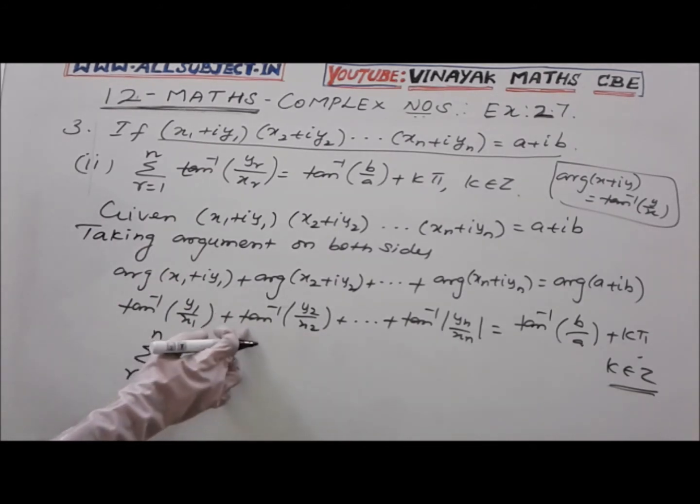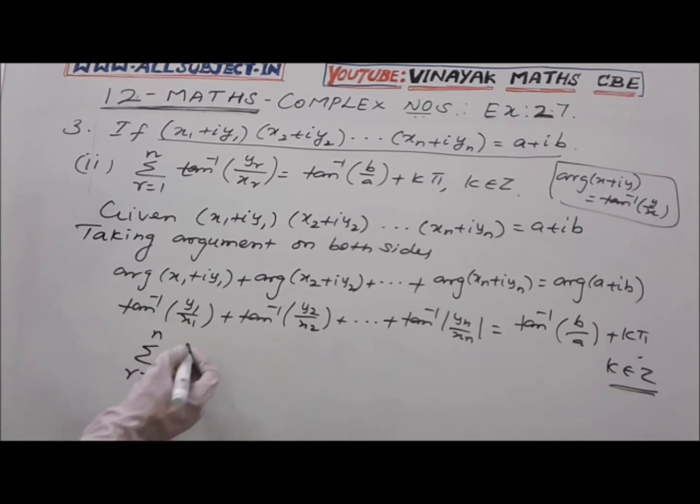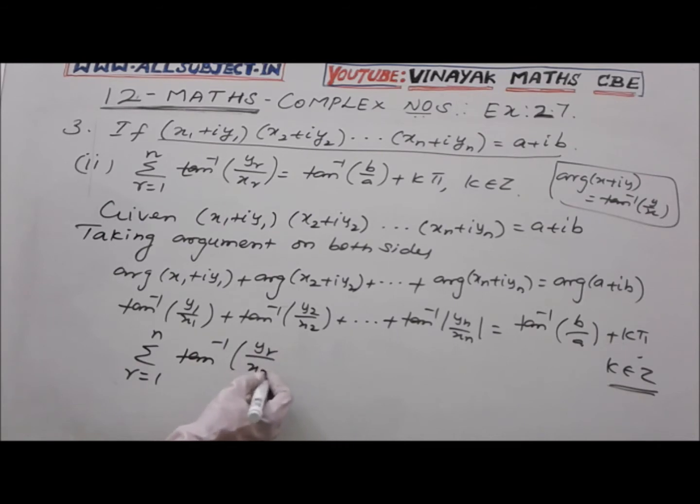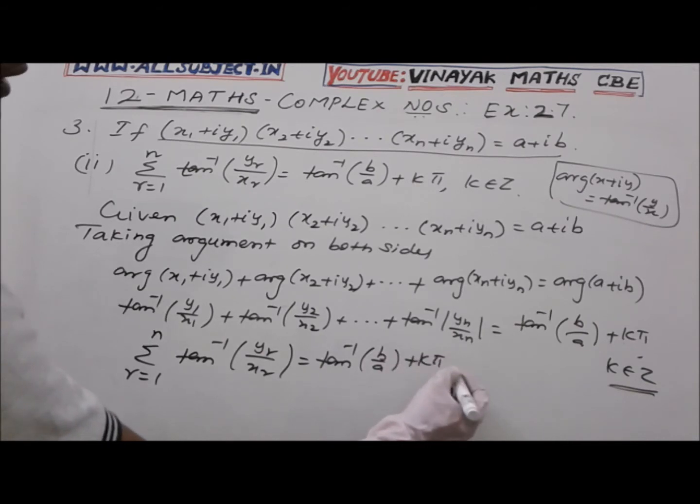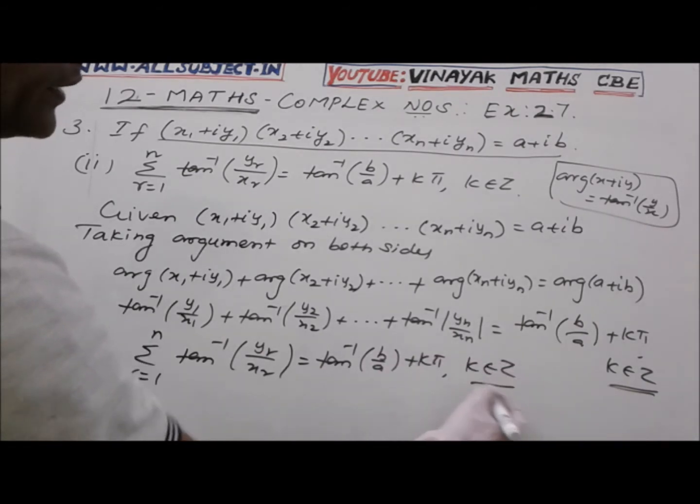This is a simplified form of the last one: sum of r equal to 1 to n, tan inverse of yr by xr equal to tan inverse of b by a plus k pi, k belongs to Z.